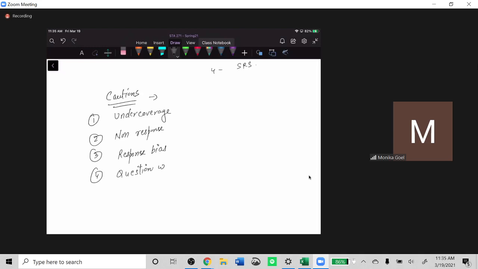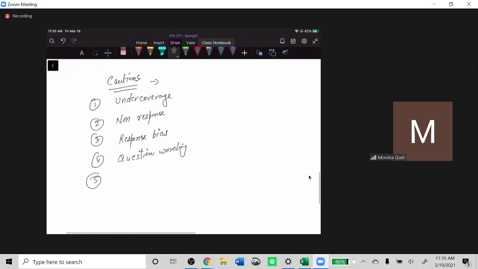Sometimes the wording of the question is very confusing and not making sense. The surveyor does not understand what the question is actually asking. Sometimes the order of the question is not right, and that also gives bias in your survey, because if there are confusing questions, leading phrasing, poor wording, or the order is not in the right form, the respondent will not respond in the appropriate or correct way.